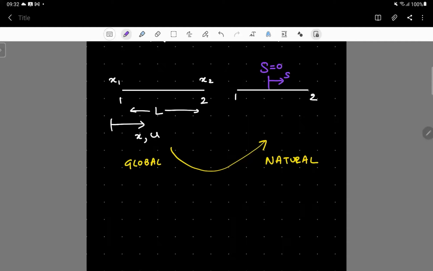For the simple bar element having a length L, node 2 would refer to an s coordinate having the numerical value 1, and on the left-hand side, node 1 refers to a numerical value of -1. So we have mapped x1 and x2 to s values from -1 to 1.